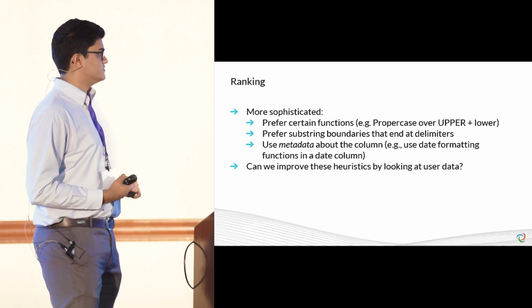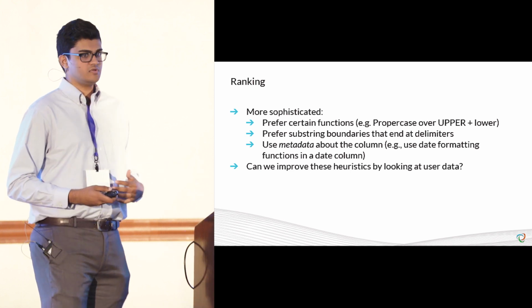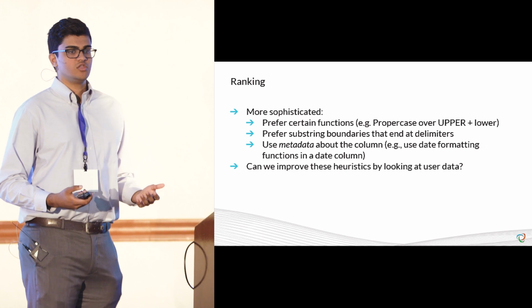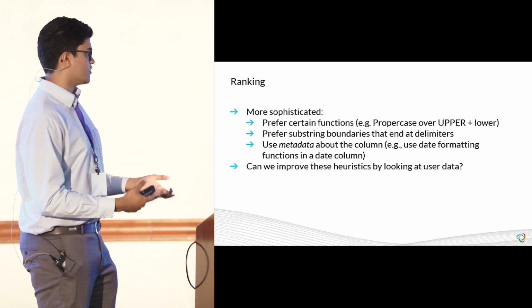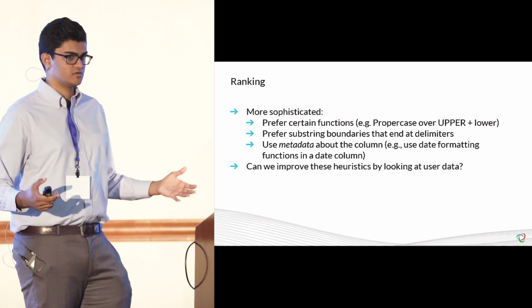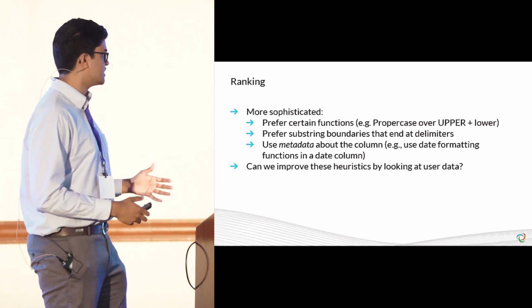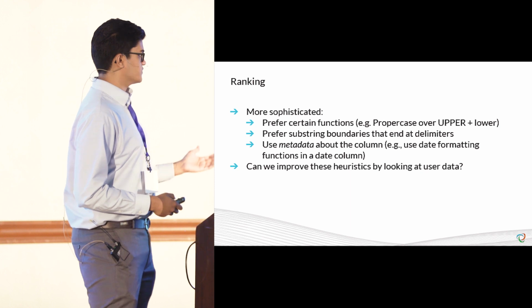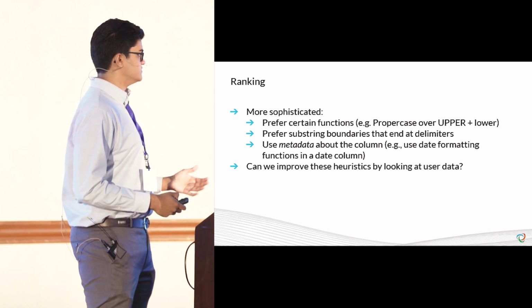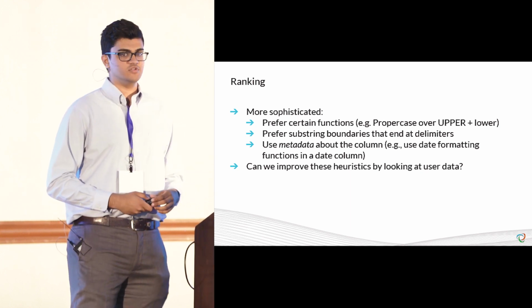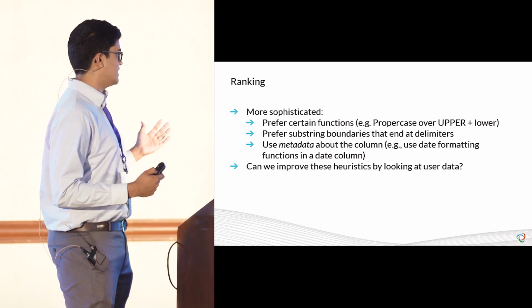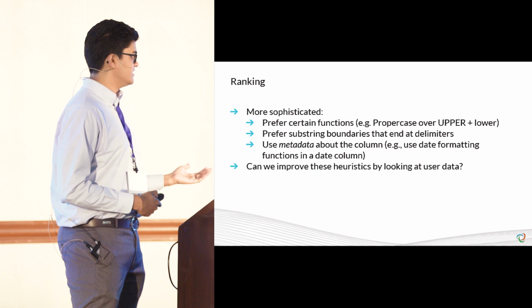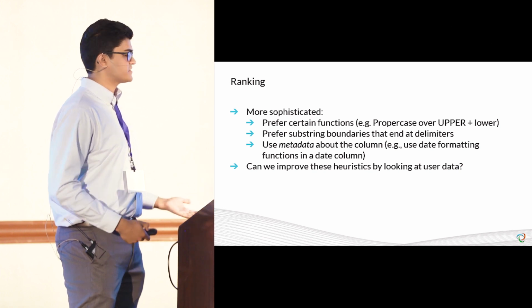You can note that when you're trying to extract text, for example, your user probably wants to extract between two delimiters, so prefer programs that are doing that as opposed to other crazy regex manipulation stuff. A very obvious one is to use metadata about the column to inform what kind of functions should be available or not. These are great, and BlinkFill does a lot of them, but they're still kind of brittle.